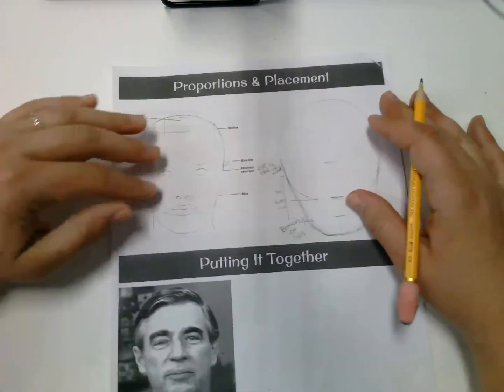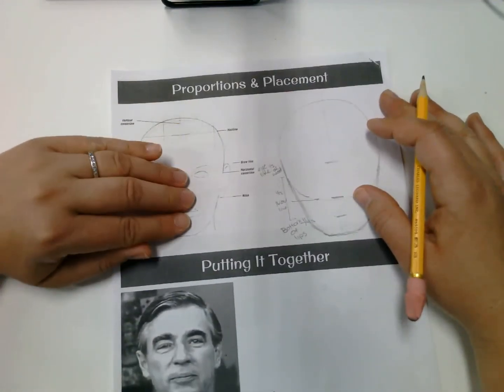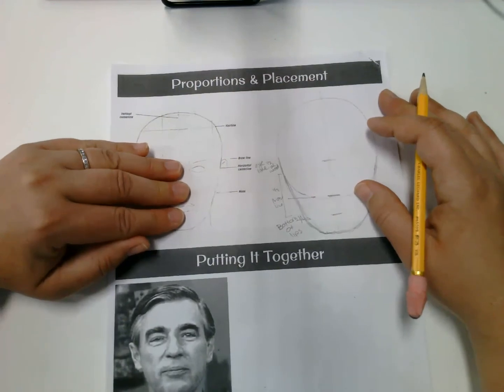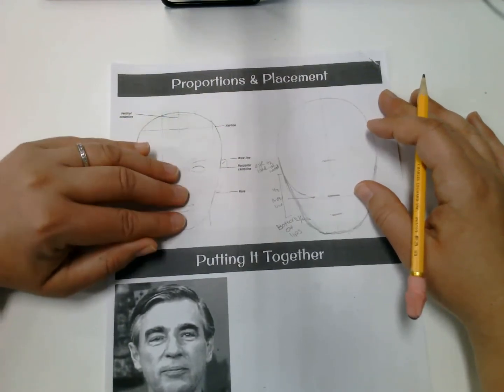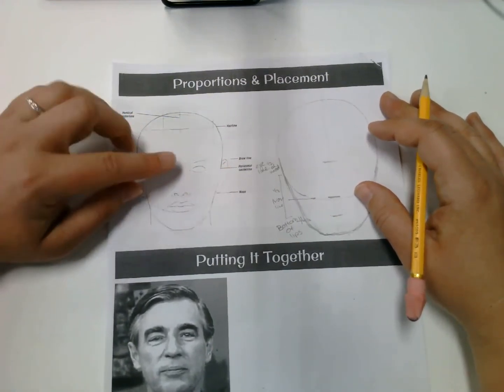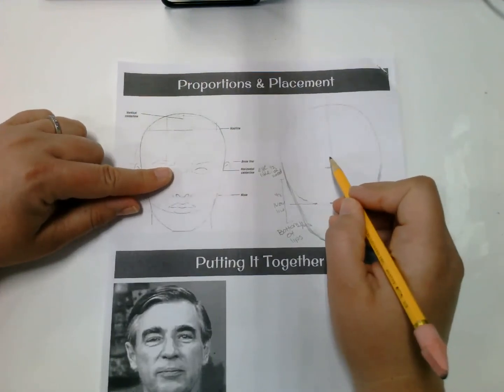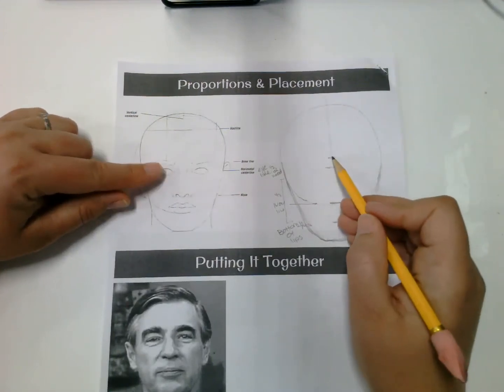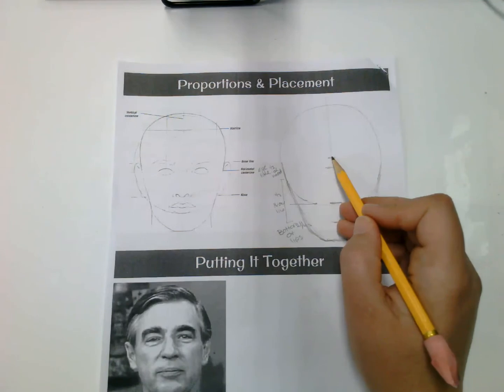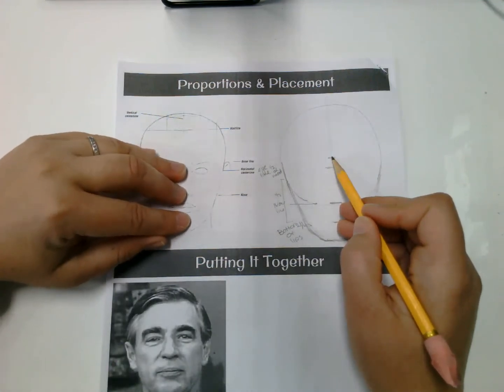Now to figure out the hairline. What I have kind of figured out is, right above the eye line are the eyebrows.